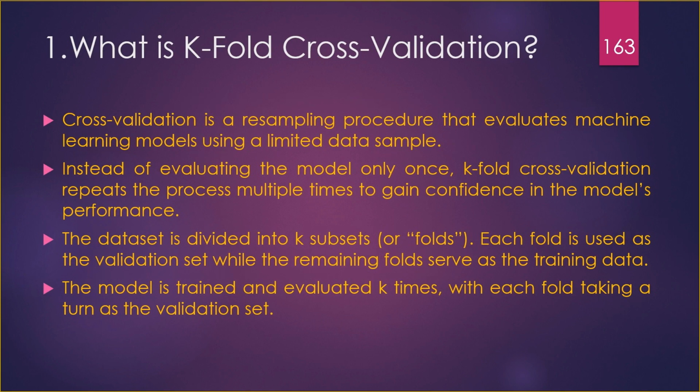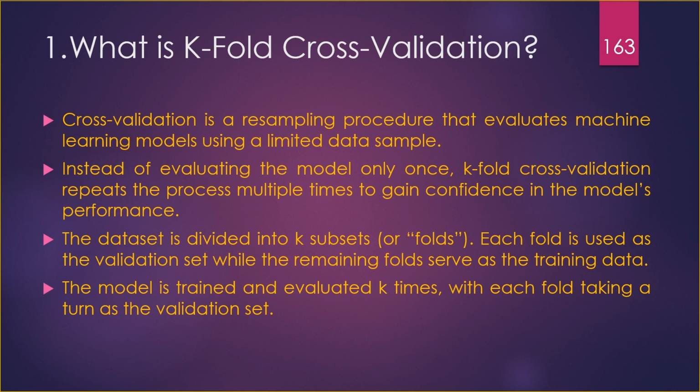The k-fold cross validation, in a simple sentence, is basically dividing the whole data set into some independent sets, and each and every set we call a fold. So k-fold means the whole data set is divided into k sets or k subsets, you can say.